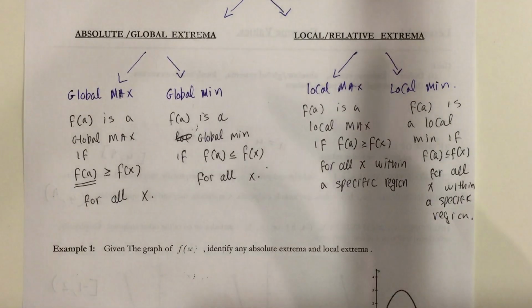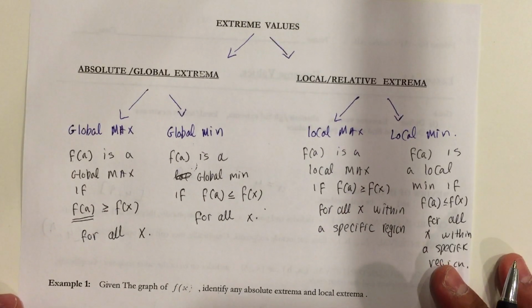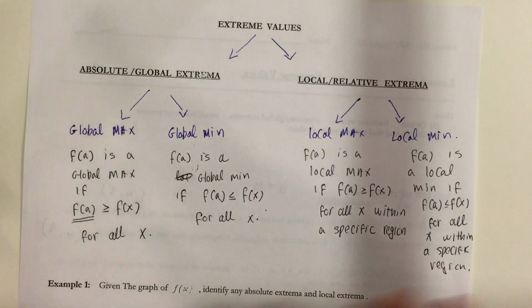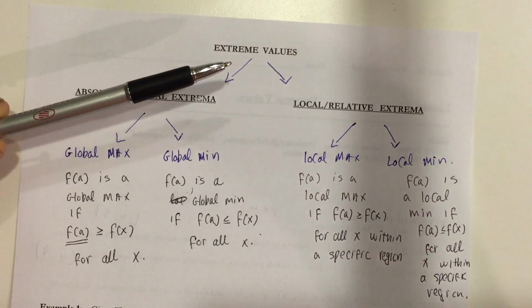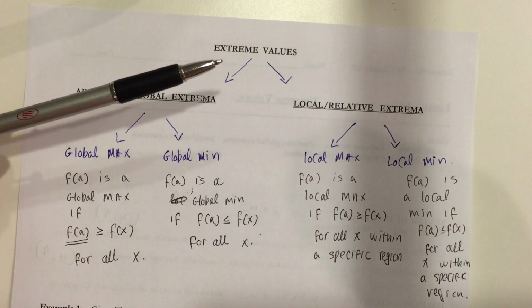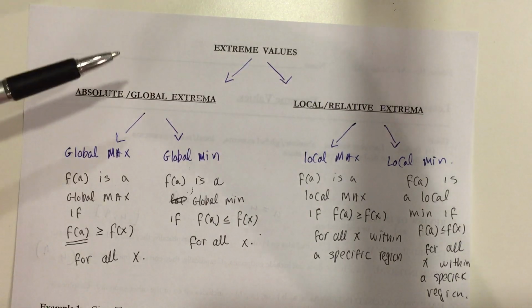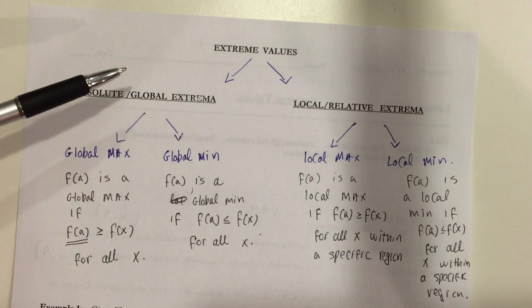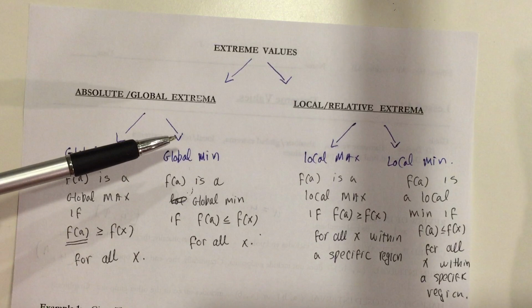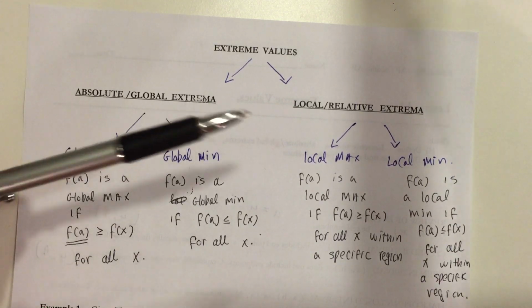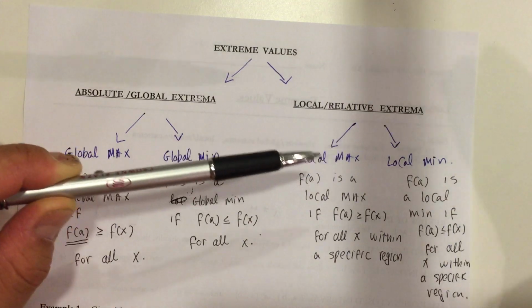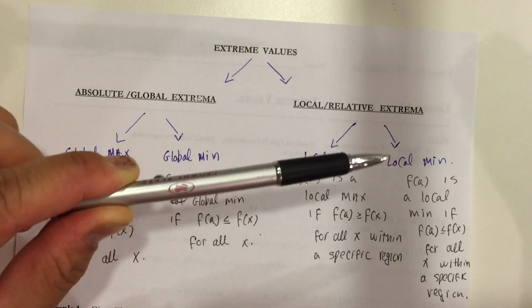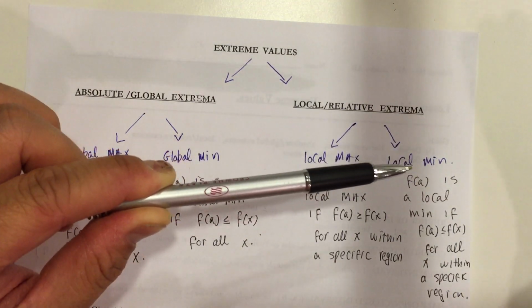Okay, so to summarize what we have accomplished so far, we're trying to understand what are extreme values. And extreme values can be either the largest value or the smallest value. They can also be the largest value within a small neighborhood or the smallest value within a small neighborhood.